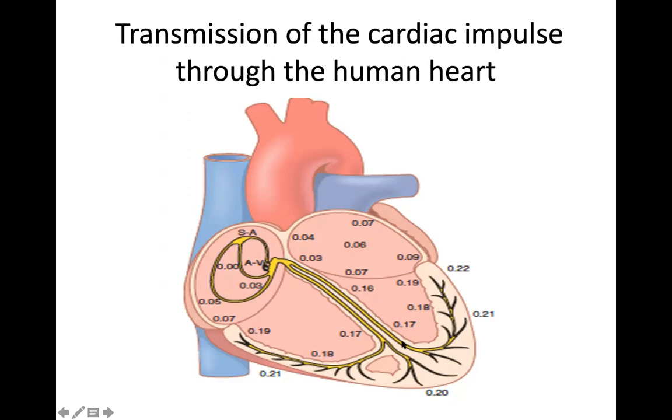The last part of the heart that the impulse reaches is the apex, at 0.22 seconds. This value is important in reading ECGs, the normal values of ECGs. These numbers represent the normal value of each wave in your ECG.